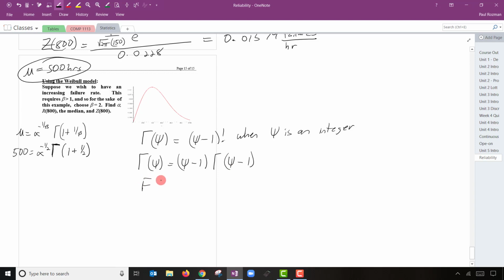But ultimately, we will have to evaluate an integral. The gamma of some number is the integral from 0 to infinity of x to the psi minus 1 times e to the minus x dx.